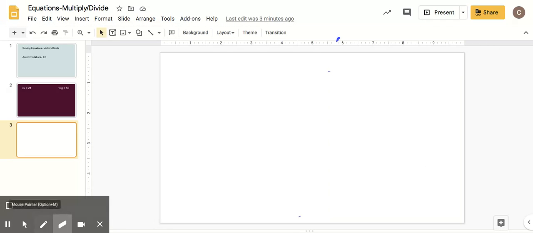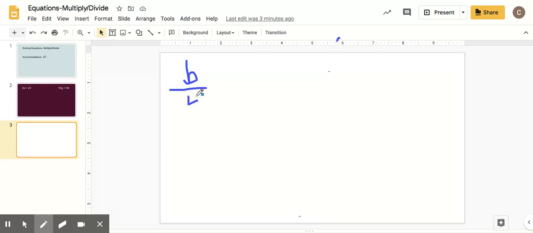All right. This time we're going to have b over 4 is equal to 7. So we're going to draw our tracks, make sure we are doing both things on both sides. And who's hanging out with b? Good. 4. And what are they doing?